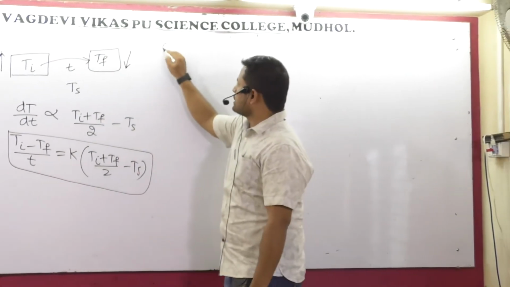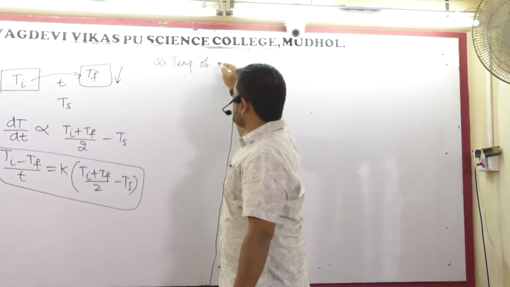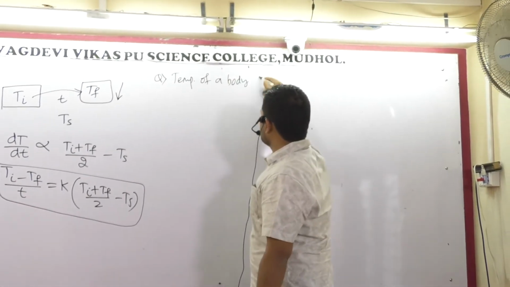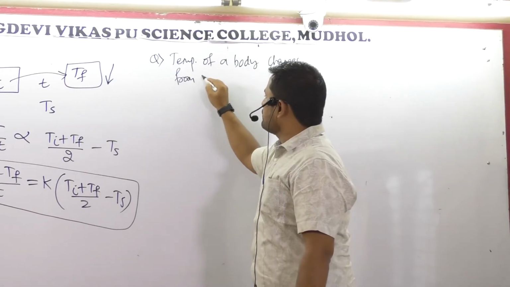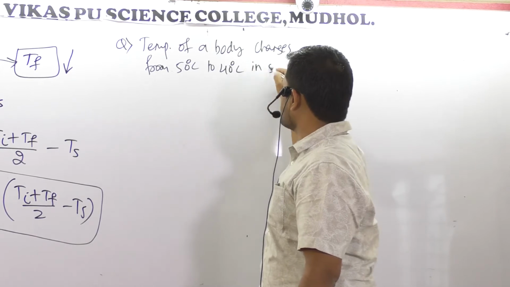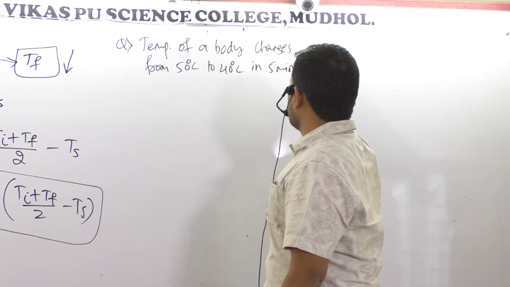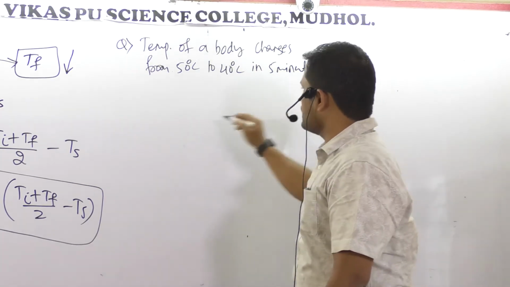Let us take one question here. Temperature of a body changes from 50 degrees Celsius to 40 degrees Celsius in 5 minutes.